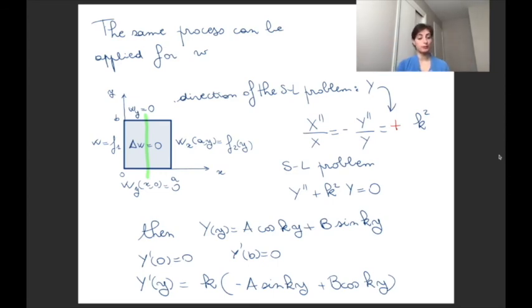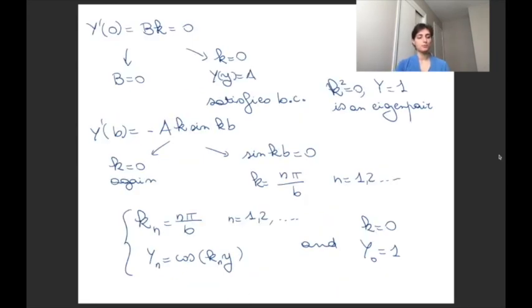So you compute y prime, that is just k times minus a sine ky plus b cos ky, and we compute that at 0. At 0 y prime is bk, and we want that to be equal to 0, so we either have b equal to 0 or k equal to 0.